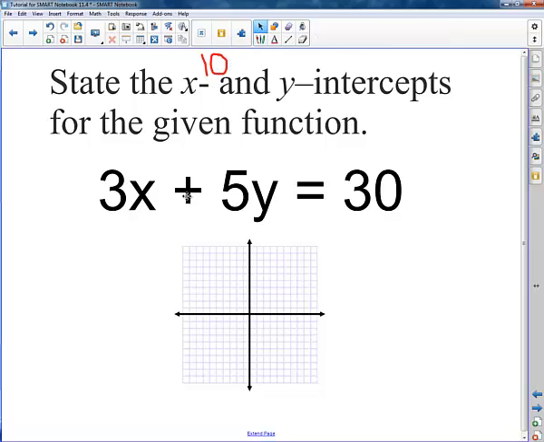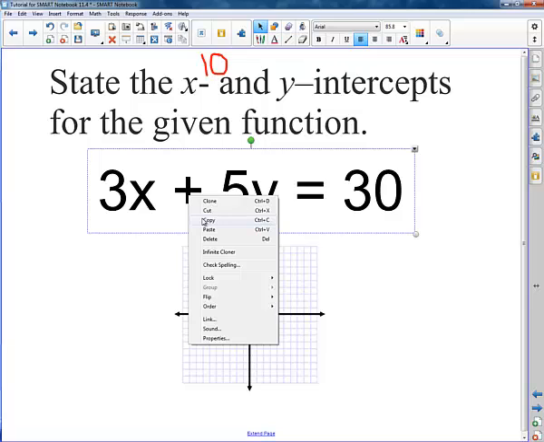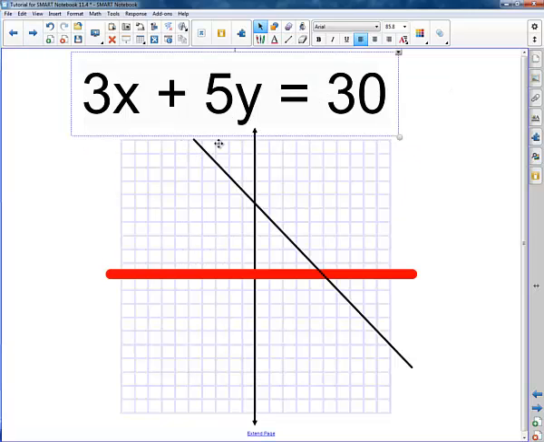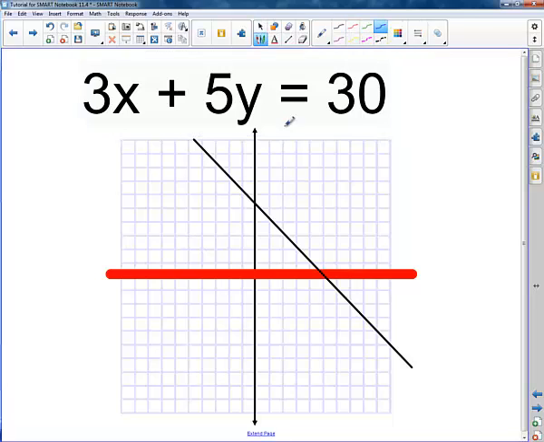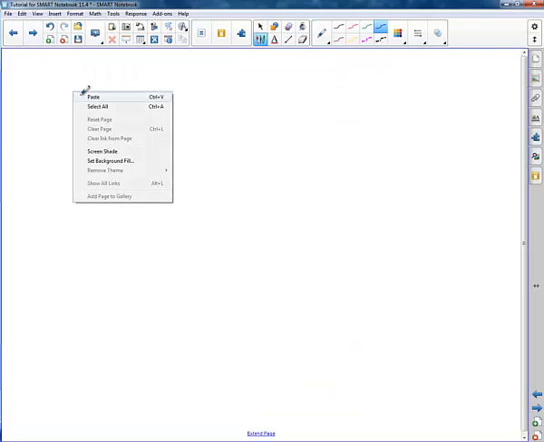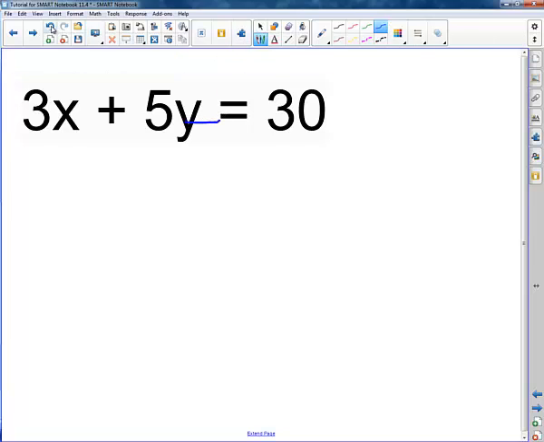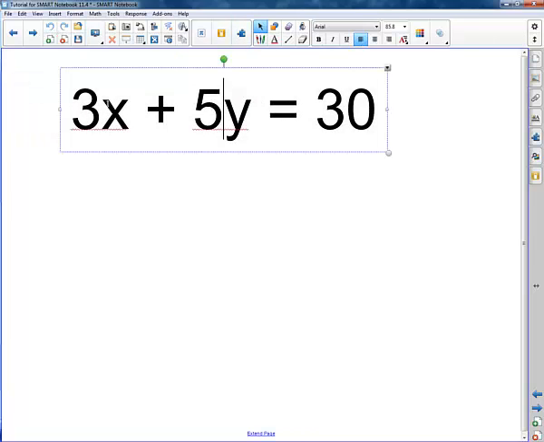Now I want to know what the y-intercept is. The y-intercept is where this line crosses the y-axis. Let's circle it with blue here. If I look at the value of x when it's on this y-axis, the value of x is 0, otherwise it's not on the axis. So let's plug in a 0 for x and see what happens.